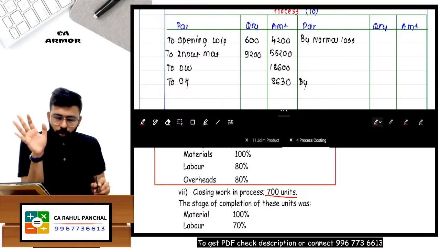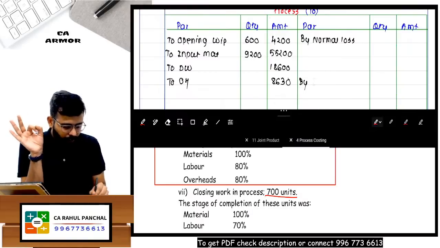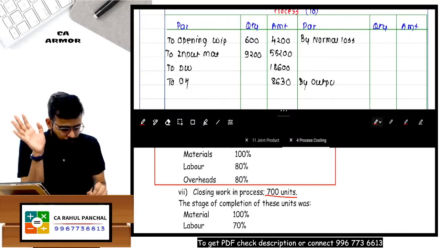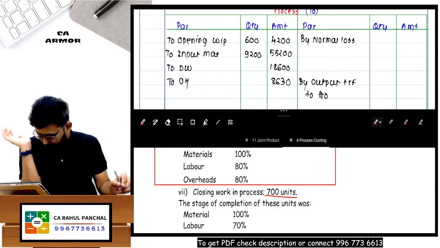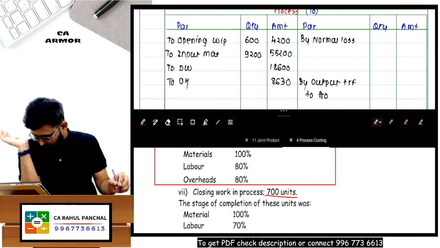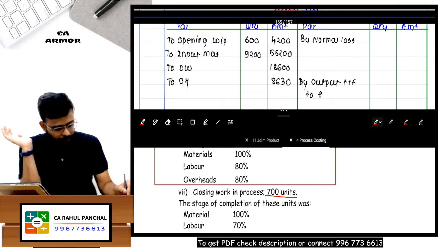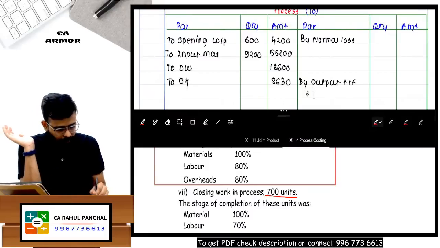After normal loss, write output transferred to next process.